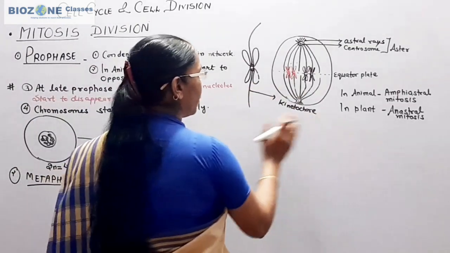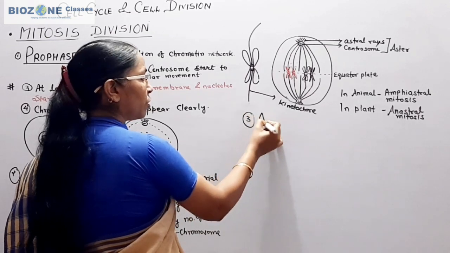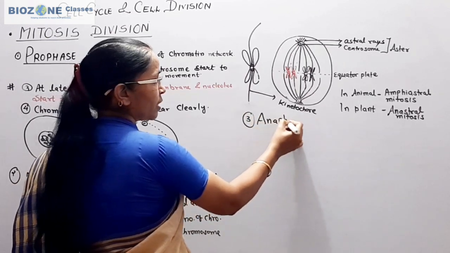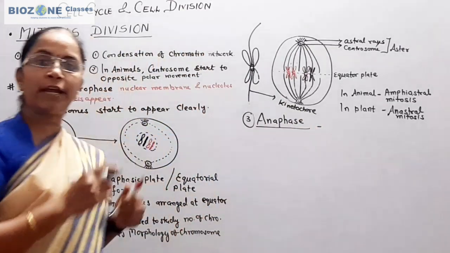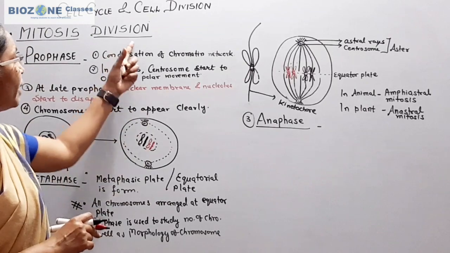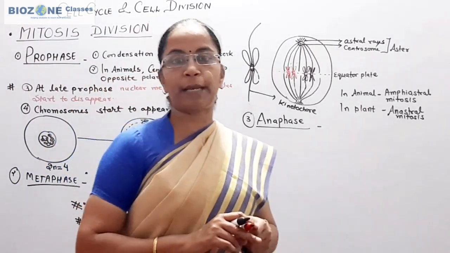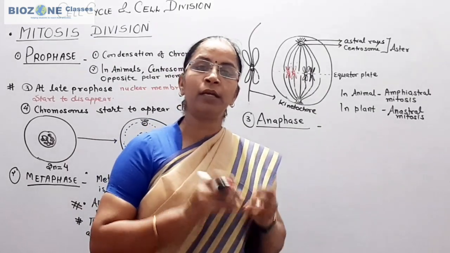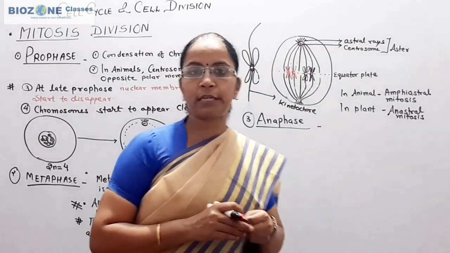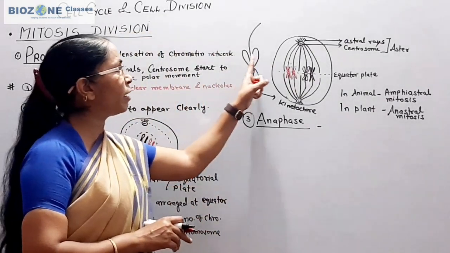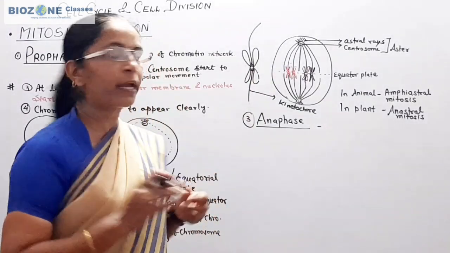Now after that, metaphase is completed and the cell enters the third phase. That third phase is called anaphase. The identical property of anaphase in mitosis: in mitosis we study the duplication of chromosomes. Duplication means the splitting of the centromere or splitting of chromosomes takes place, and because of that splitting both chromatids of the chromosome become isolated or get separated.